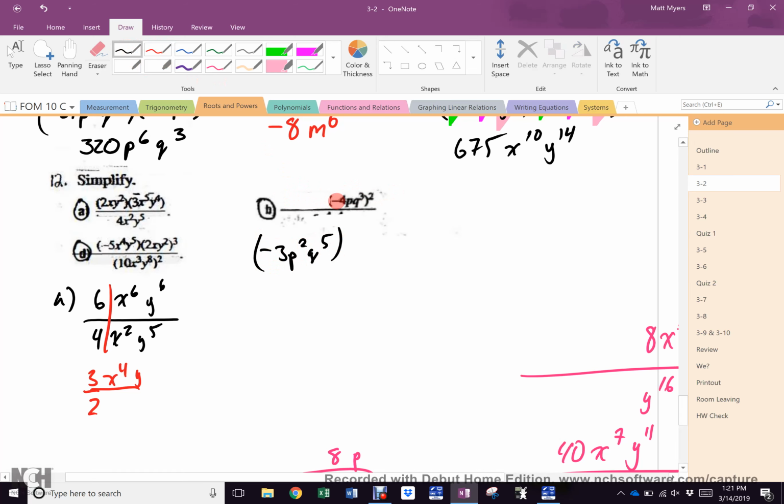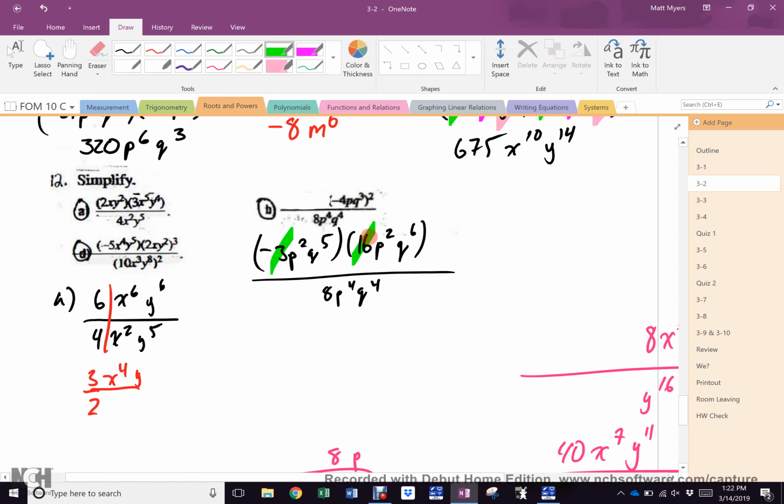What is negative 4 squared? 16. P squared is p squared. Q cubed squared is q to the 6th. Over, now I've got to worry about the bottom, 8p^4q^4.